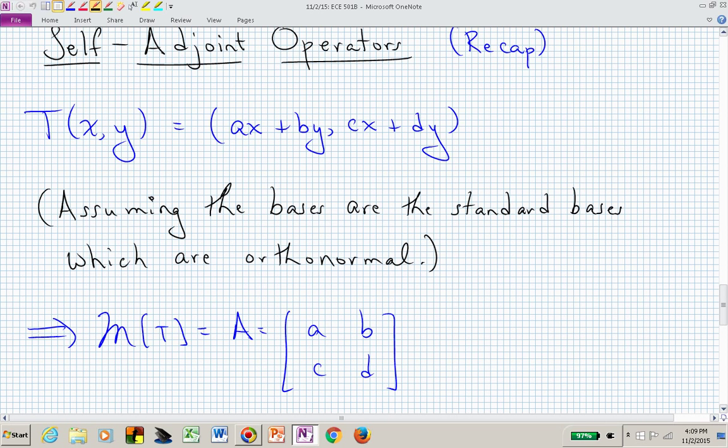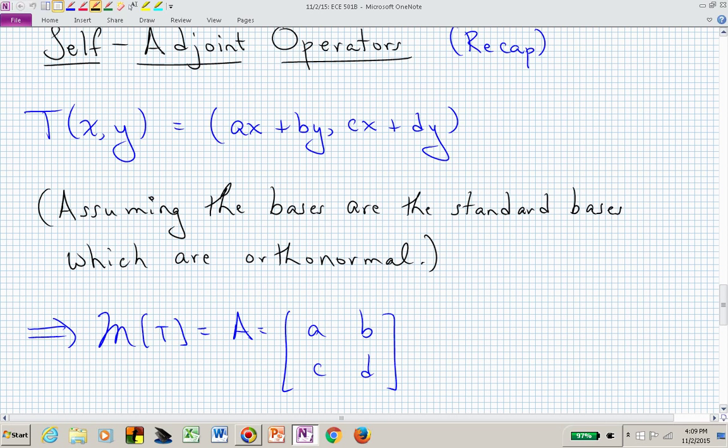Typically, if we're dealing with the standard basis, those are orthonormal, and because we have the standard basis, we sort of lose track of that particular necessary condition. But it's necessary that our bases are orthonormal in order to make this adjoint matrix representation be the complex conjugate transpose.